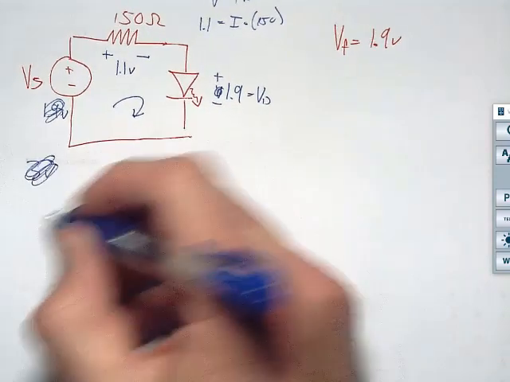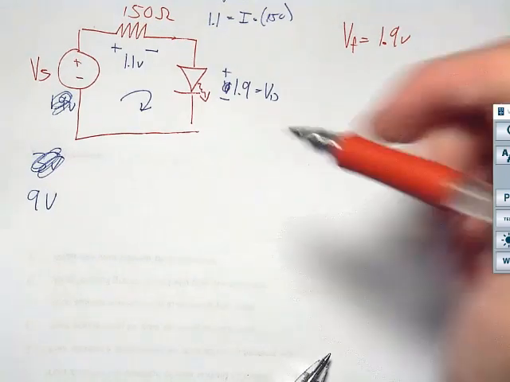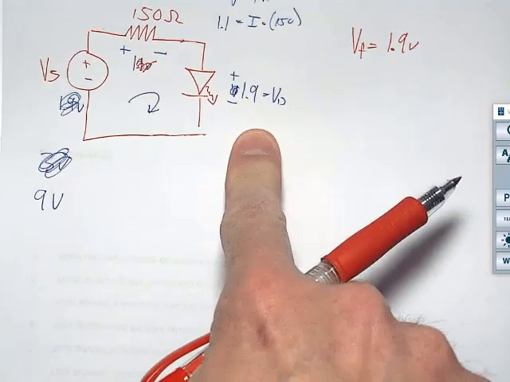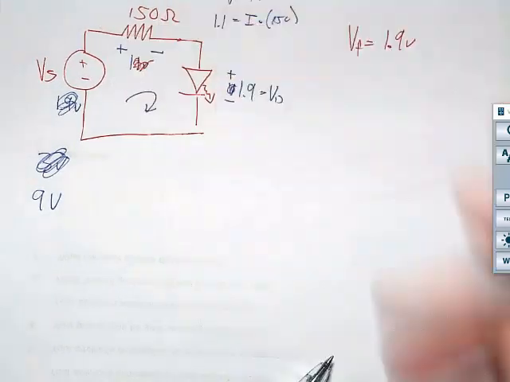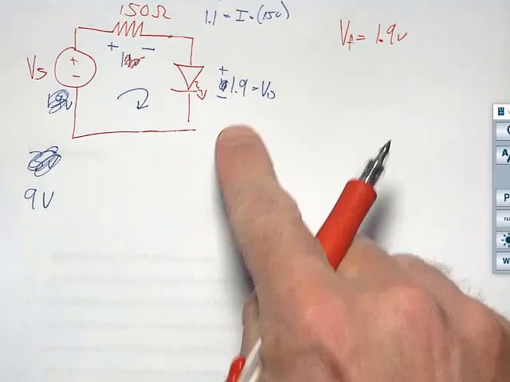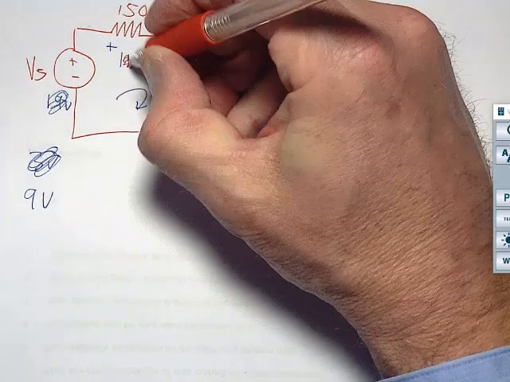You want to take it all the way up to 9 volts? Woo! Now, by this logic, how much voltage do I have across the diode? 1.9. What is across the 150? Whatever's left, right? So that turns out to be, anyone? 7.1.